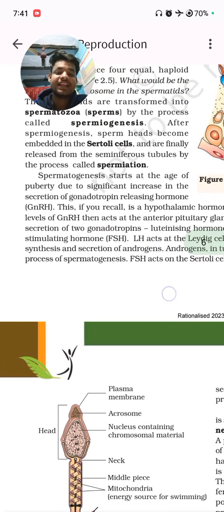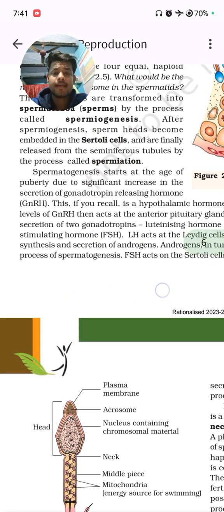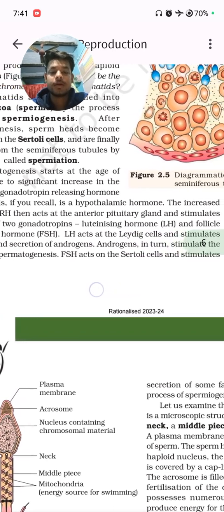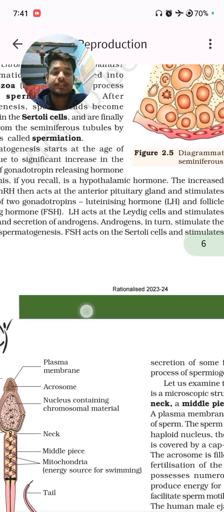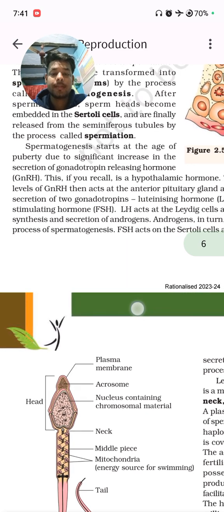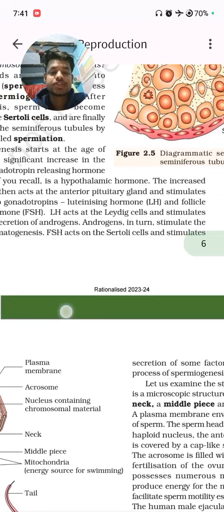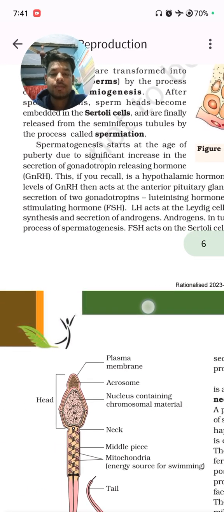The increased level of GnRH then acts on the anterior pituitary gland and stimulates secretion of two gonadotropins, luteinizing hormone LH and follicle stimulating hormone FSH.